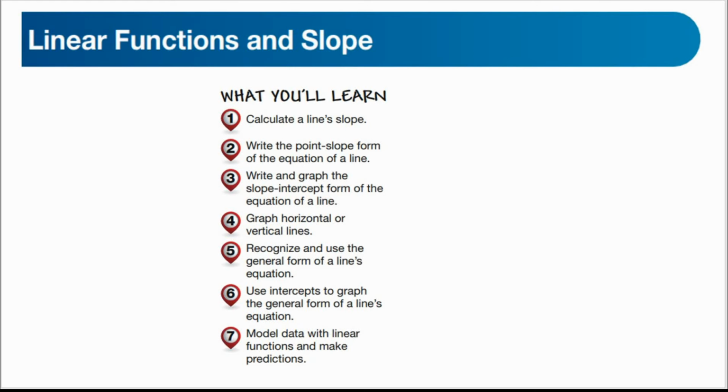The slope basically gives us an average, and that quantifier is important in all scopes of mathematics. And then also we'll talk about how to graph a straight line as well. Several ways you can graph. We'll talk about some of those today.